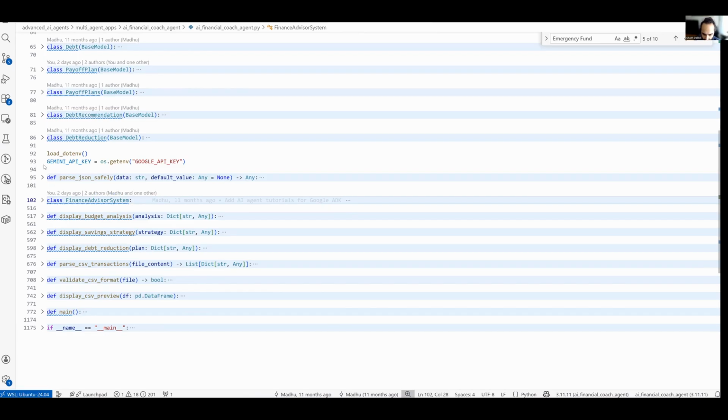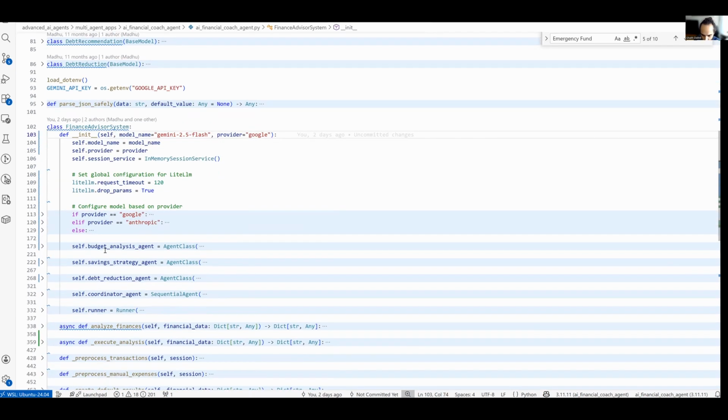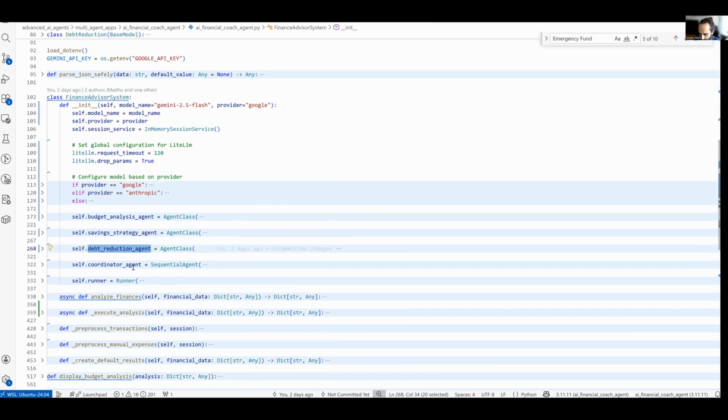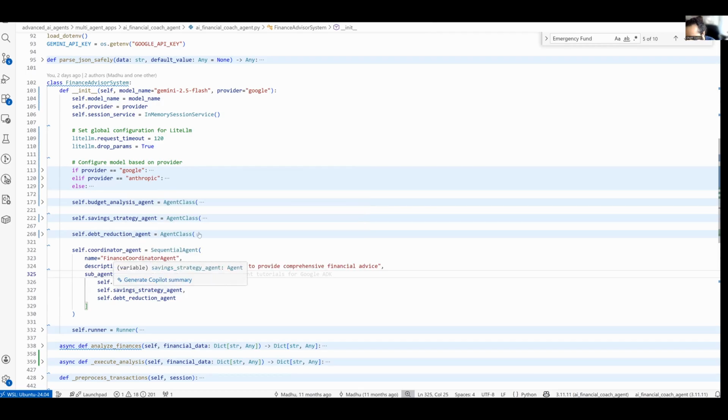So our agents are defined here in the finance advisor system. If we take a look at these agents, so they are here. We have the budget analysis agent, we have the savings strategy agent, and the debt reduction agent. And here we have the coordinator agent, which actually, as its name indicates, coordinates these agents.